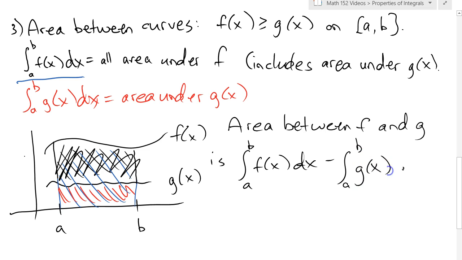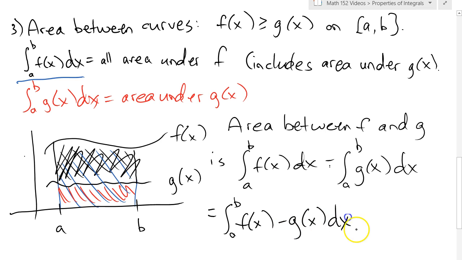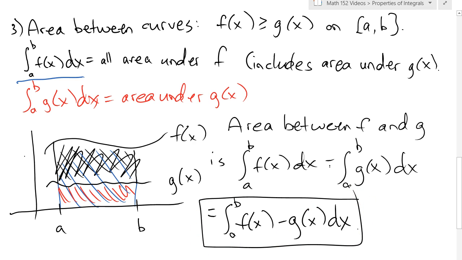I'm just taking the blue stuff, that's the area under f, and I'm subtracting the red stuff, and I'm left with the black. Okay, but because integrals are linear, you can put that minus sign inside. You can combine the two integrals into one, and you can actually just make it simpler. You can say this is the integral from a to b of f of x minus g of x dx. Okay, so that is how we get the area between two functions. We just integrate the difference of the two.